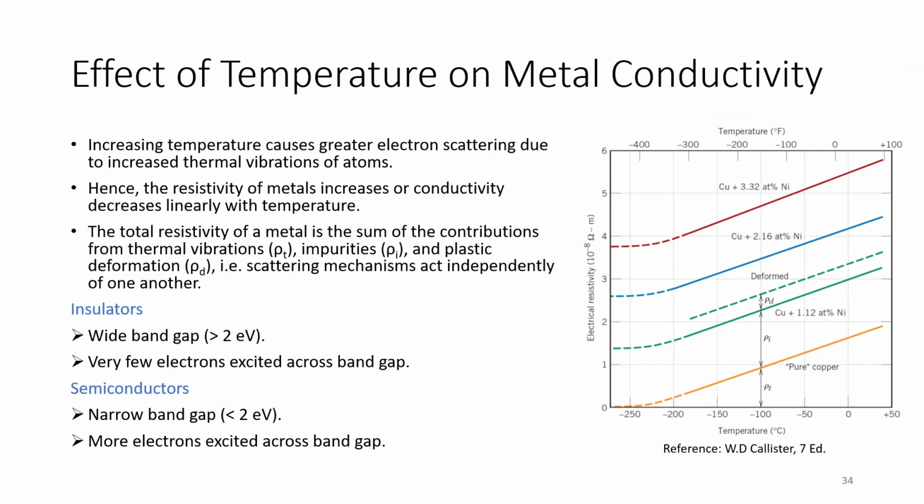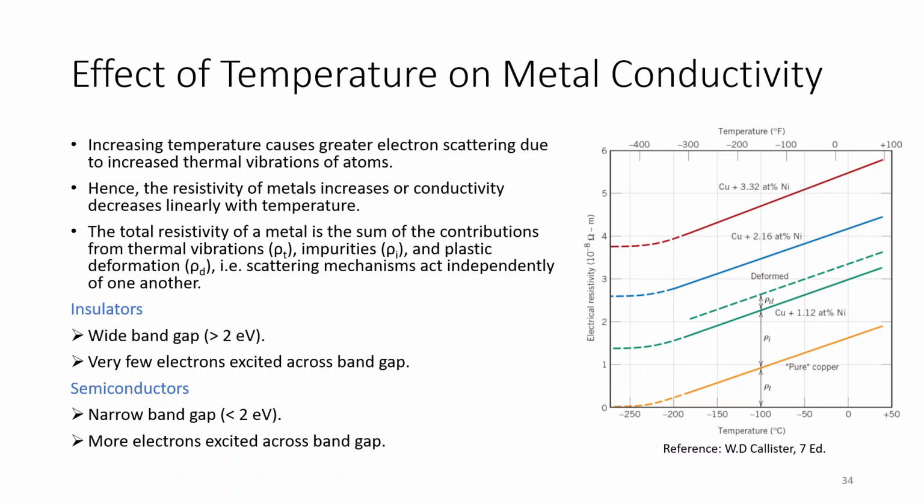Now, the effect of temperature on metal conductivity. Increasing temperature causes greater electron scattering due to increased thermal vibrations of atoms, and the resistivity of metals increases, or conductivity decreases, linearly with temperature.